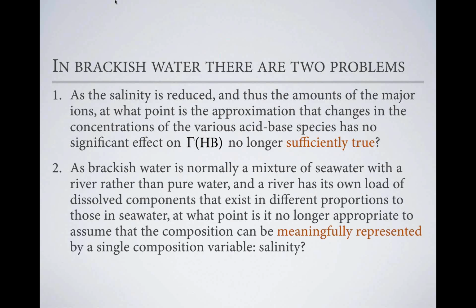And second, brackish water is normally a mixture of seawater with a river rather than pure water. And a river has its own dissolved components that exist in different proportions to those in seawater. So at what point is it no longer appropriate to assume that the composition can be meaningfully represented, again in brown, by a single composition variable, salinity?